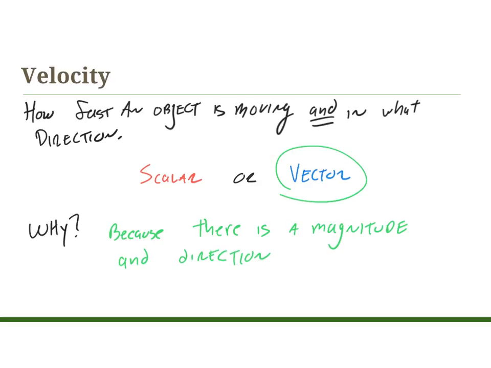So for example, we might have 45 miles per hour heading east. Okay?